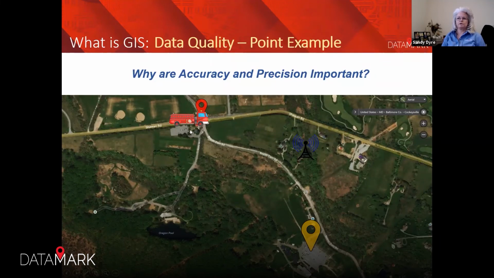We can just understand that our points are sitting on the road, at the driveway. And when we understand that, then we know we need to look at the map more closely to help lead them in to where the actual structure is. But this can create some complications in responding quickly to an emergency, especially when there are two parking lots involved in the same area.